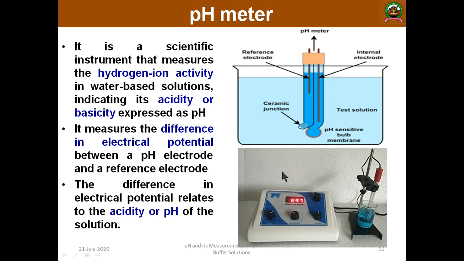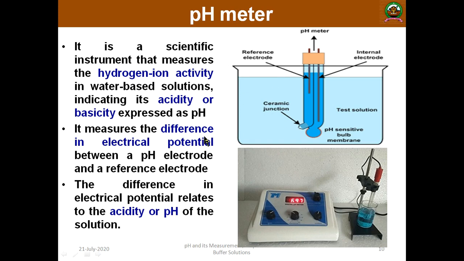Then you can measure the pH by using an electronic device also, known as a pH meter. It is a scientific instrument that measures the hydrogen ion activity in a water-based solution, indicating the acidity or basicity, which is expressed as pH.